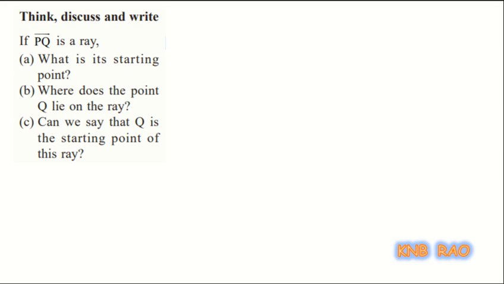Then here I am giving you a little work to think. Okay. Think, discuss and write. If PQ is a ray, P is the starting point, Q is the point on the direction of extension. What is its starting point? Who is the starting point of this? P. P is the starting point.